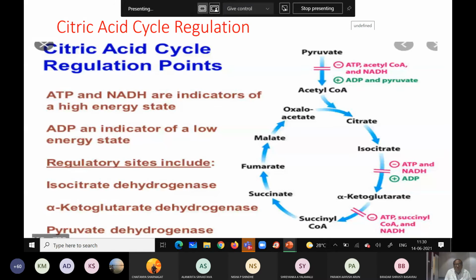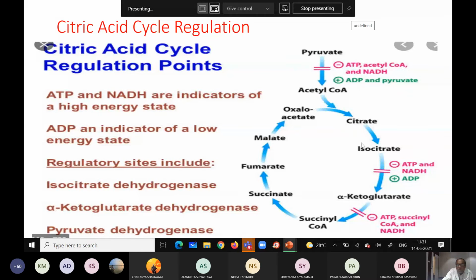Now the citric acid cycle gets regulated at certain positions where the reactions are irreversible. In the next slide we will go there. It is the first step where, if a larger amount of ATP is formed, it stops the reaction so that it will be checked there only.